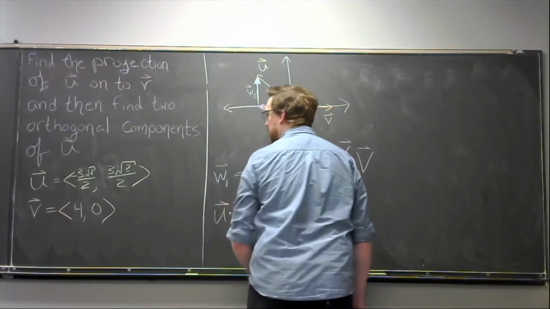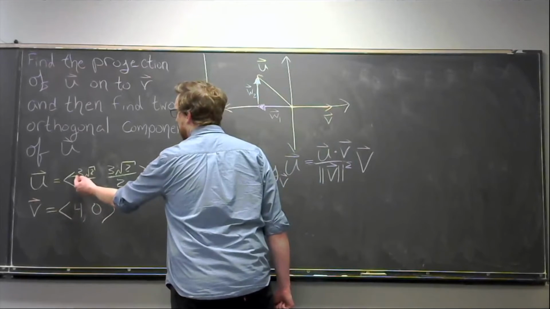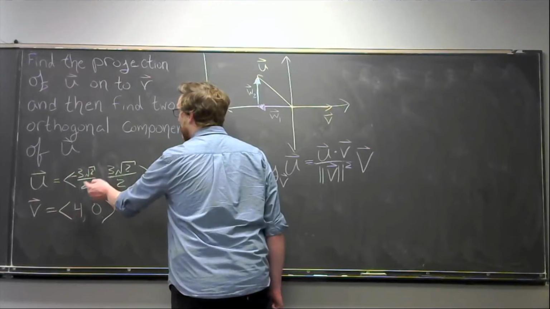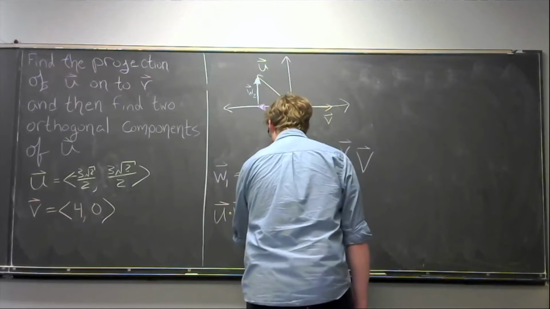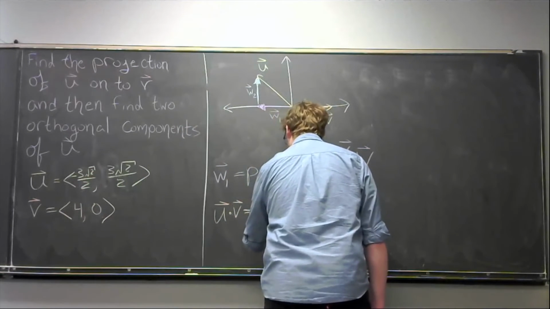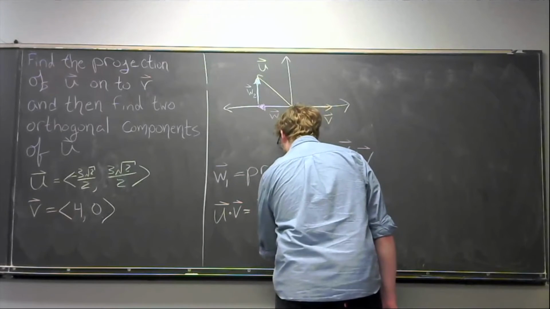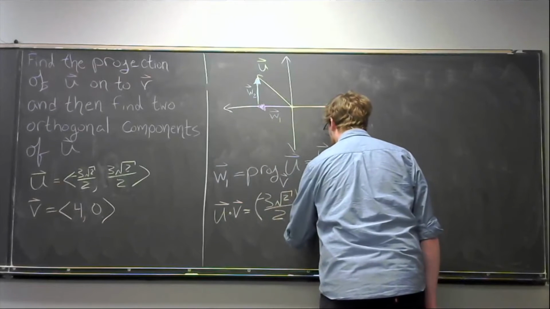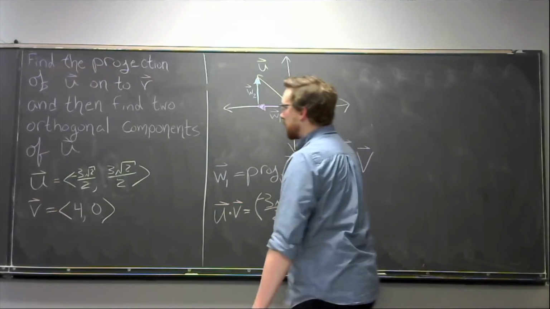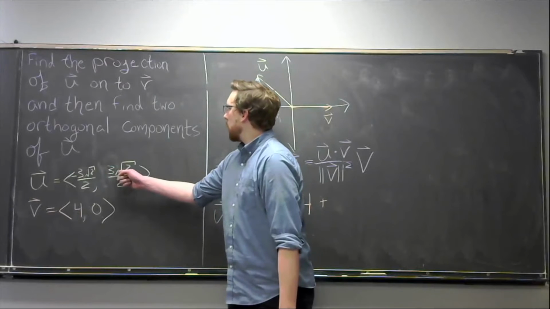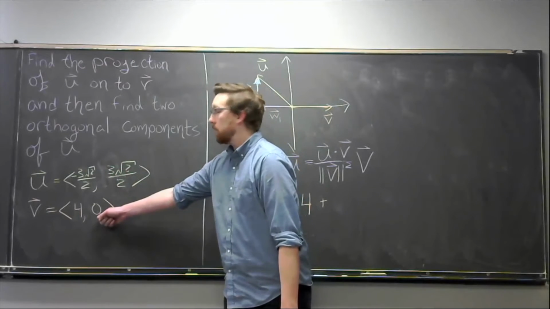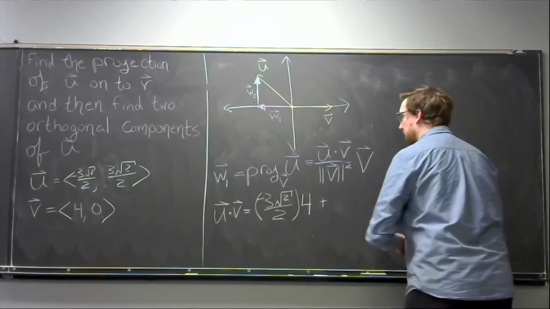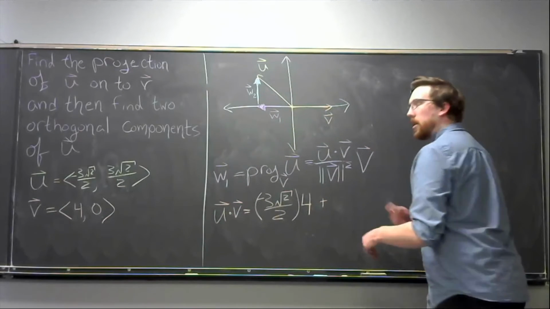Well, u dot v is going to be equal to -3 times the square root of 2 over 2 times 4, plus 3 times the square root of 2 over 2, all of that multiplied by 0. So that term just disappears. Let's go ahead and write it up here, just so we can keep tally of everything.